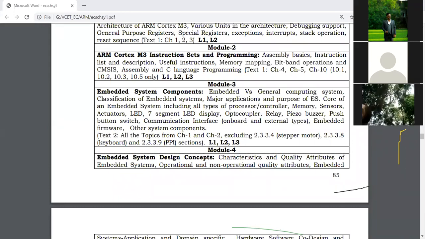So many applications you're going to use. Telecom systems, as well as computer peripherals, computer networking systems, healthcare systems, measurement and instrumentation, banking, card readers. There are a lot of applications in the case of embedded systems. So these are the various applications.